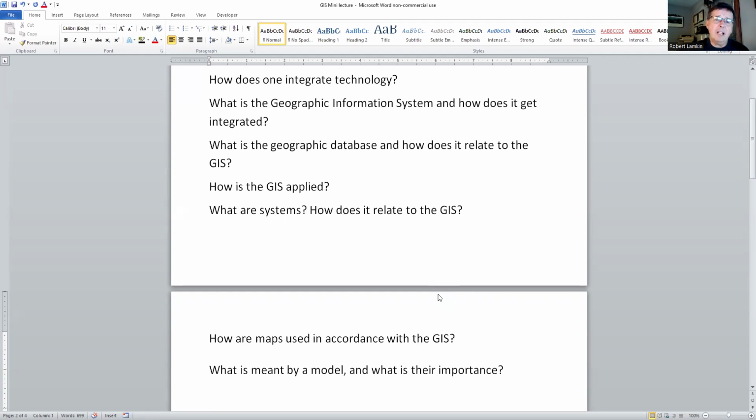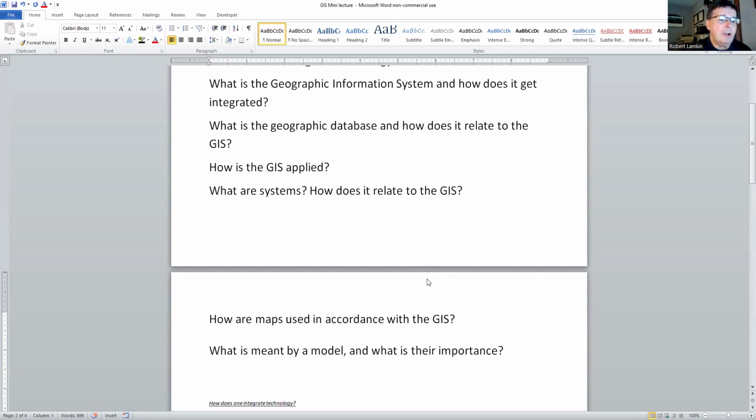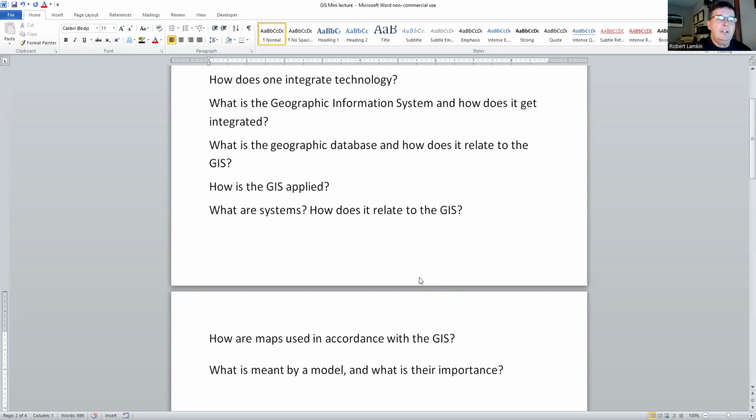How is the GIS applied? What are systems? How does it relate to the GIS? How are maps used in accordance with the GIS? And what is meant by a model? We talk about a model and what is its importance.